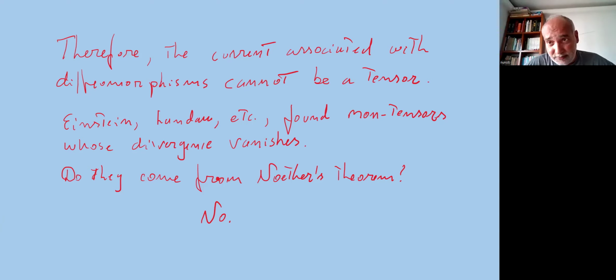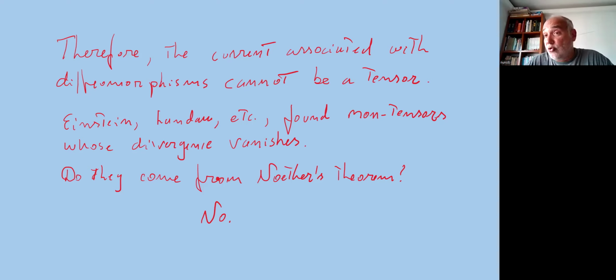They are not tensors. That means that you can do a transformation and any of them, either Landau's or Einstein's, can be made to be 0 at any point. Nowadays, people do not give much credit to these attempts by Einstein and Landau. But I'm not going to talk about them because they are not true tensors, okay?